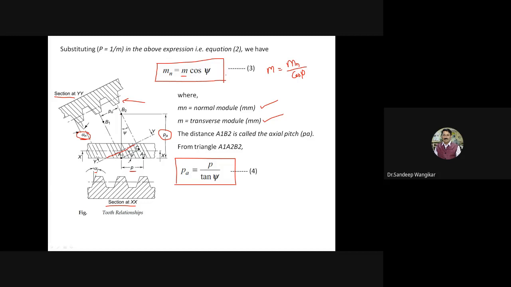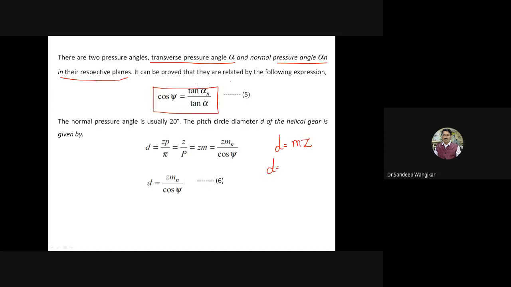Putting this in, I get mn z divided by cos of psi. So the diameter is equal to z mn divided by cos of psi.